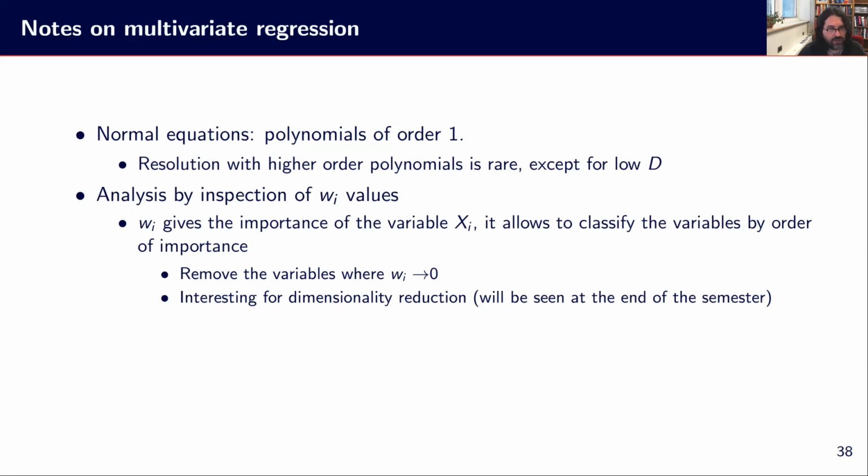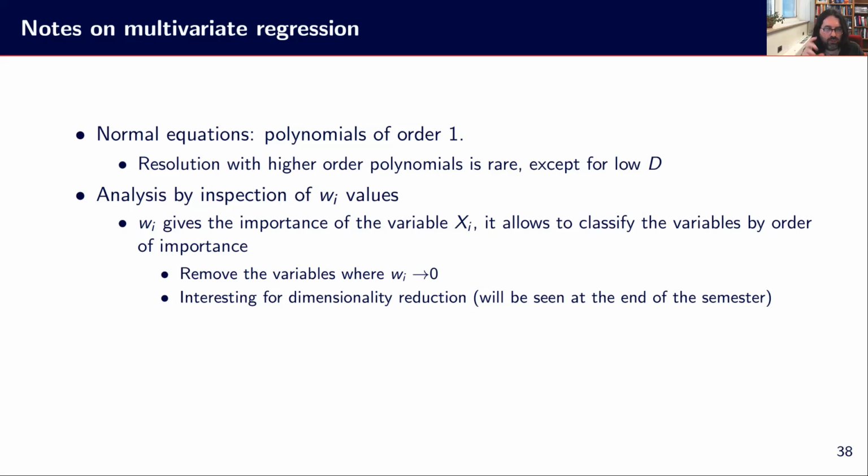Another interesting thing to look at is the w values, we have w0, w1, w2 up to wd. We know that wi gives the importance of the variable xi. So for example, when we see that the absolute value is low, it means that the variable is not that useful for making the regression, for predicting the value.